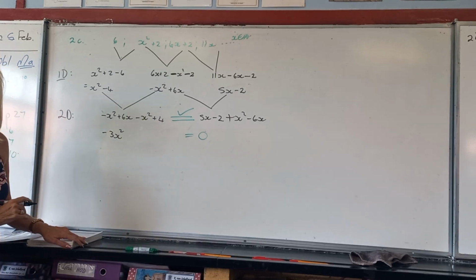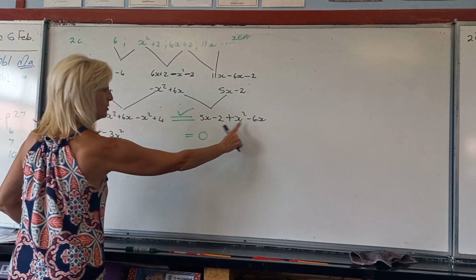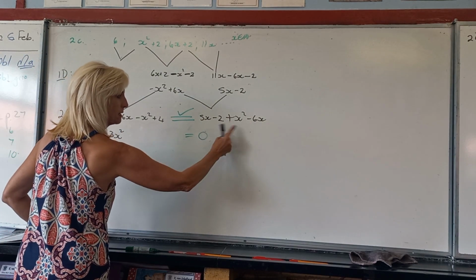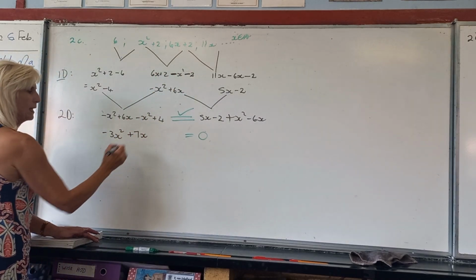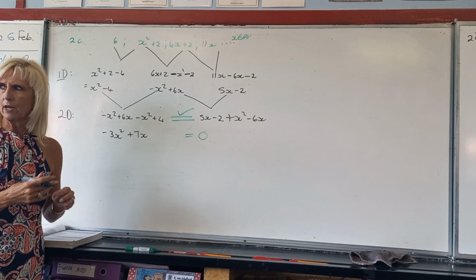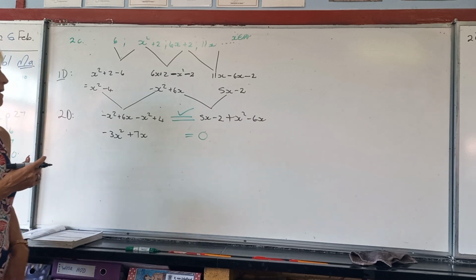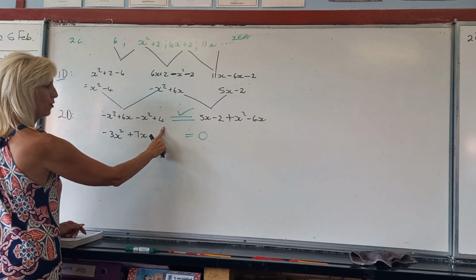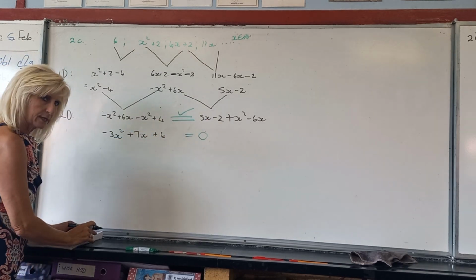Don't make a silly mistake now. The x's is 6x. Those two add up to negative 1x, becoming a plus 1x, so it's positive 7x. We do it so easily, but you took years in grade 8 to study how to add this stuff. Then we had the numbers 4 and plus 2 giving me plus 6. Then what do?